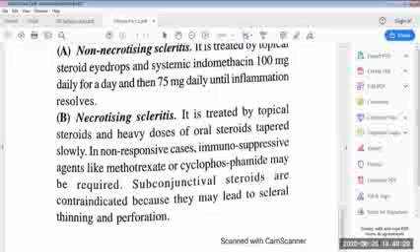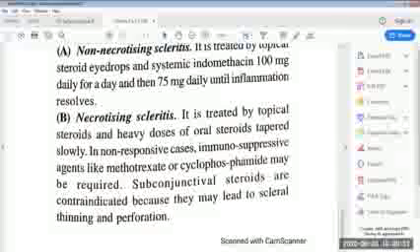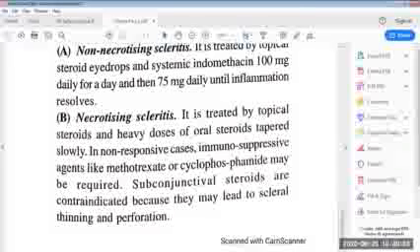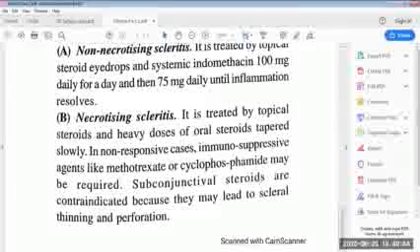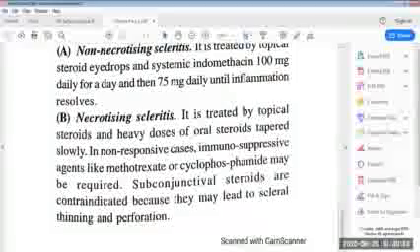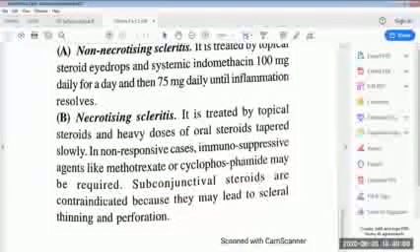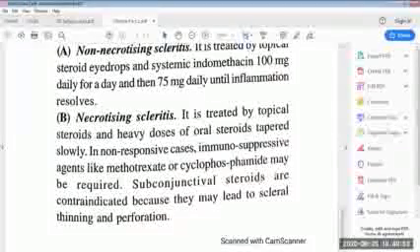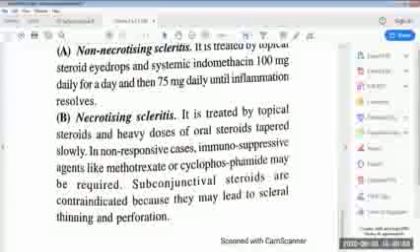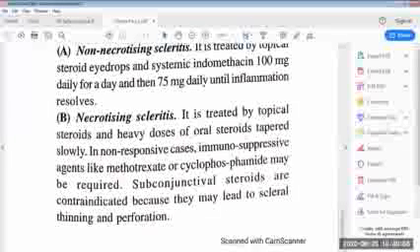So we should avoid the injections. Subconjunctival steroids are in the form of injections below the conjunctiva. They cause the thinning of sclera and may lead to the perforation also. So topical steroids are given or steroids are given, and later on the dose is tapered down, and in non-responsive cases methotrexate or cyclophosphamide may be required.